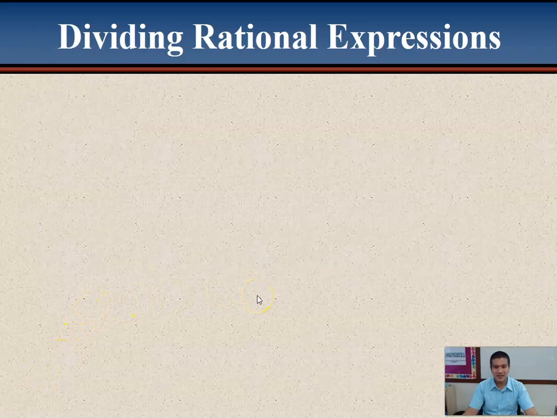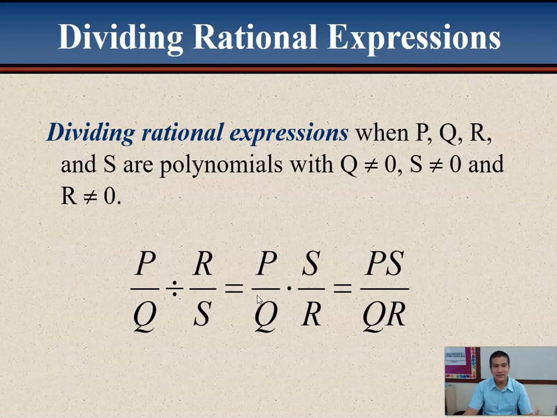Okay, next example. For dividing rational expressions, when p, q, r, and s are polynomials, again, a reminder, q and s will not be equal to 0.